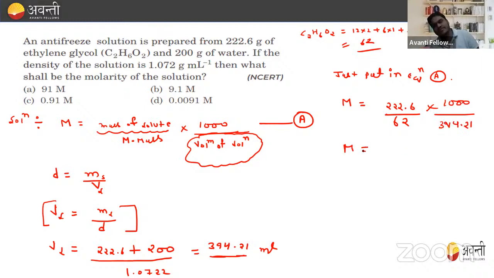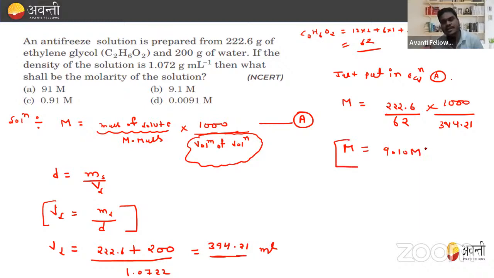So by solving this, 222.6 multiplied by 1000 divided by 62, further divided by 394.21, we get the answer, that is 9.10. So the answer comes out to be 9.10 m.